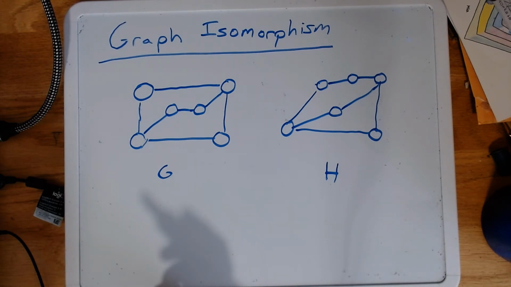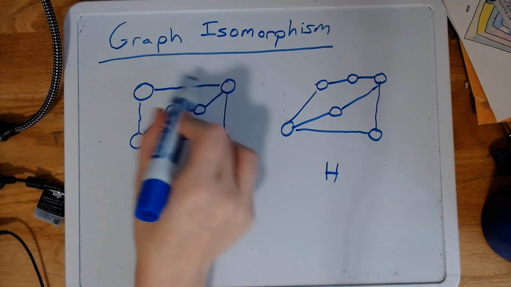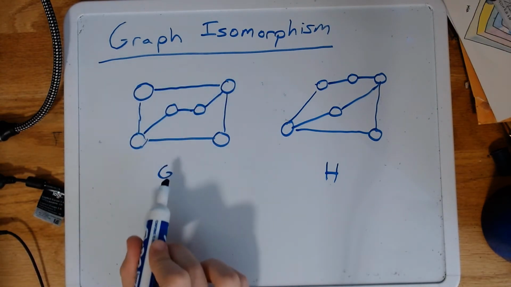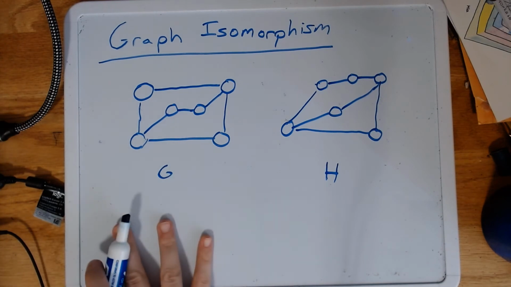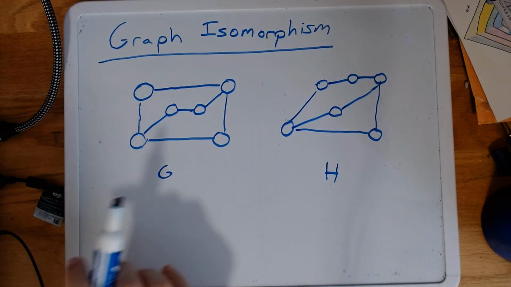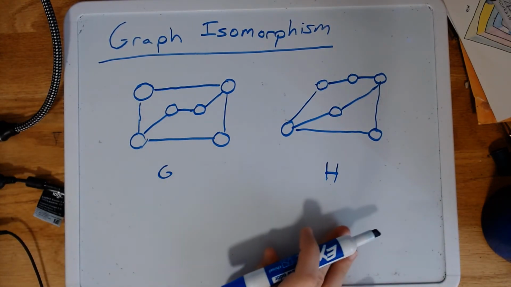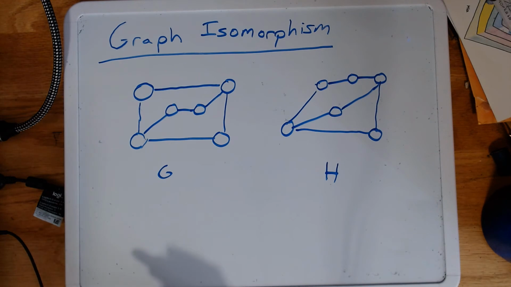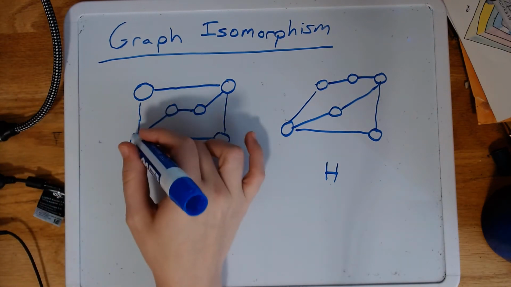So here's one way we could do this, right? I could label all of the vertices in G with numbers, write down what the edges of G are, and then try to label the vertices of H in the same way, such that if I wrote down all its edges, I would get exactly the same ones. So let's do this for G, right?